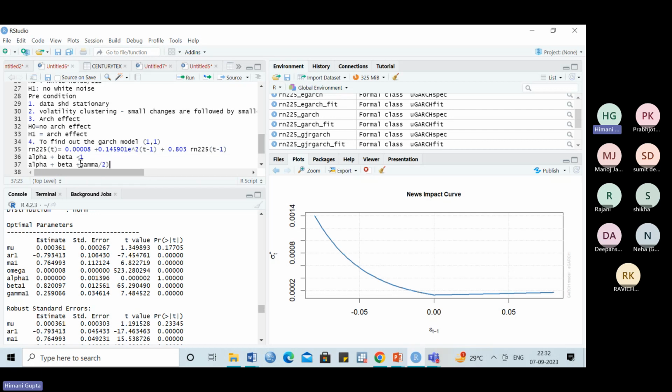And whenever we add all these things, it should be less than 1. If you remember in the GARCH, we have done alpha plus beta should be less than 1. But in GJR GARCH, you have to remember alpha plus beta plus gamma divided by 2 should be less than 1. Got it?